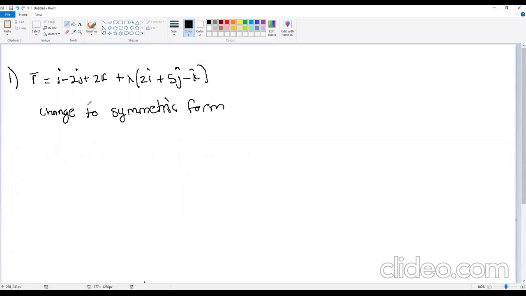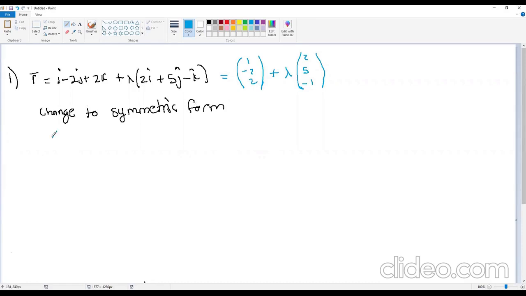This one, you can see, is in parametric form. Another way of writing it to make it clear is to say this is the same as 1, minus 2, 2, plus lambda, which can be t, times 2, 5, minus 1. We need to change this to symmetric form. It's very easy.